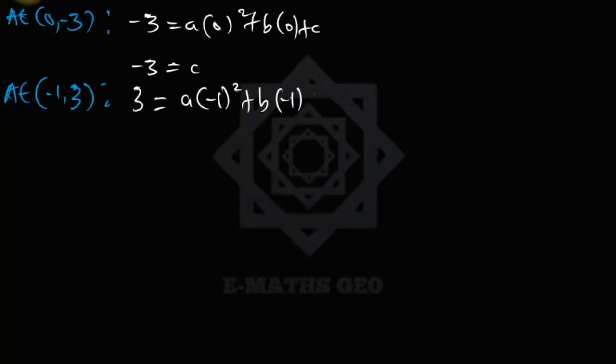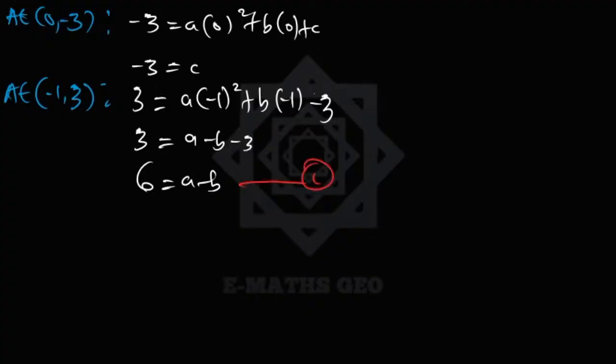Instead of writing plus c, we now replace it with -3. Are you seeing why I had to get c first before any other? So this is 3, this is a, this is -b, this is -3, making the equation 6 equals a minus b. Let's call it equation 1.